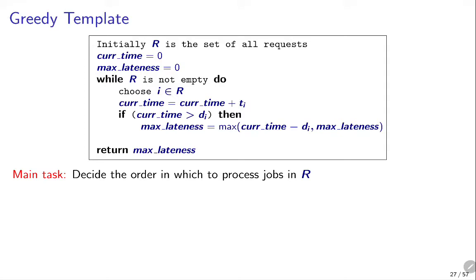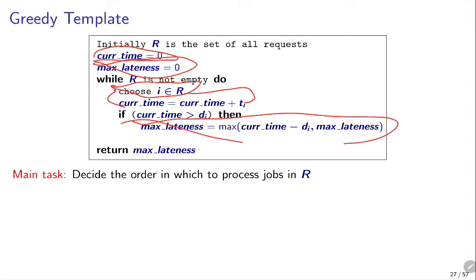Okay, so the scheduler is going to start at the current time, it's going to have max lateness, and then it's going to choose a job from the remaining set of jobs, schedule it, and update the lateness according to what the lateness of the current job was, right? So this is the basic template of the algorithm.